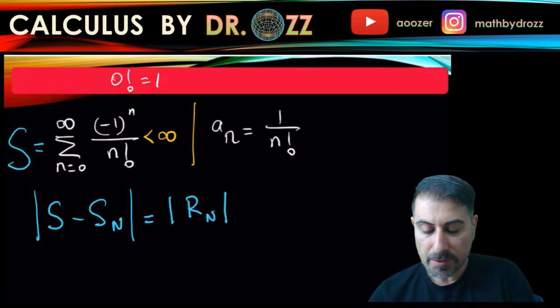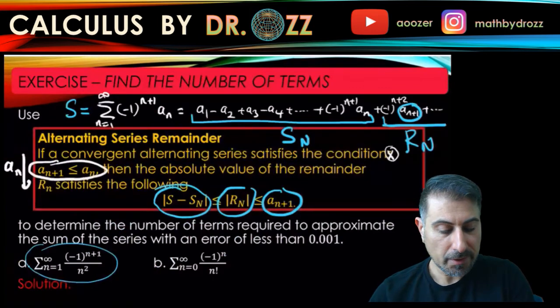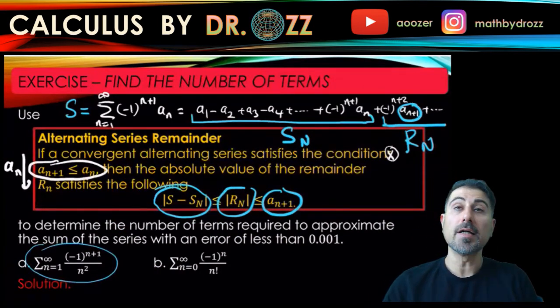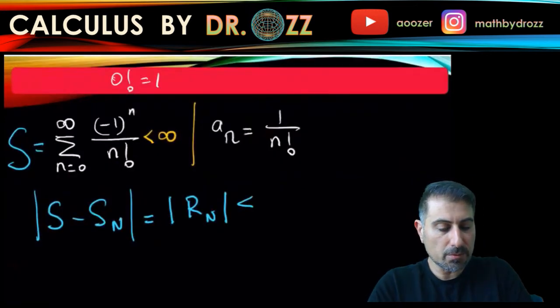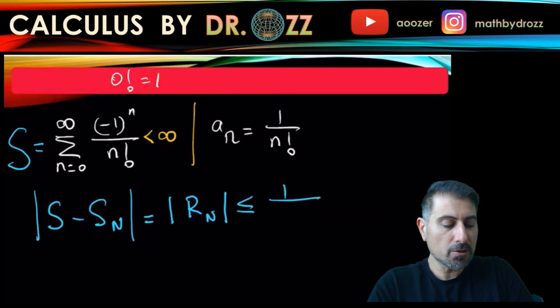The alternating series remainder theorem says that the absolute value of R_N is less than or equal to a_(N+1), which is 1 over (N+1) factorial.